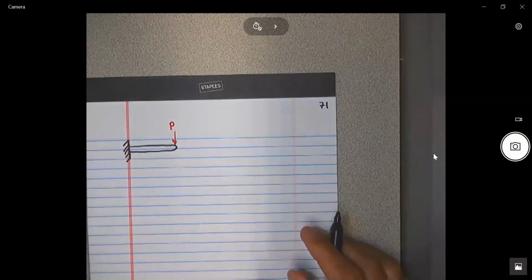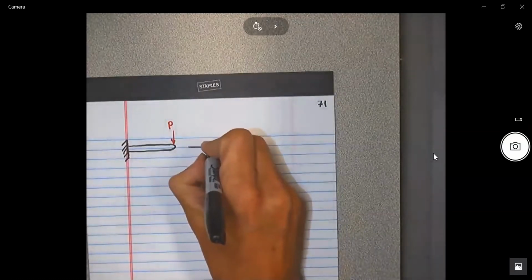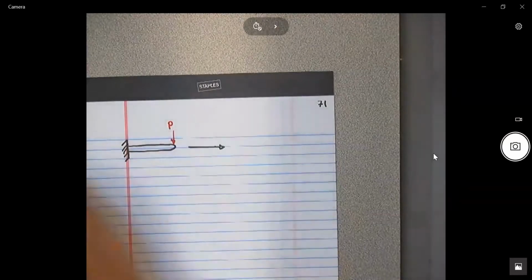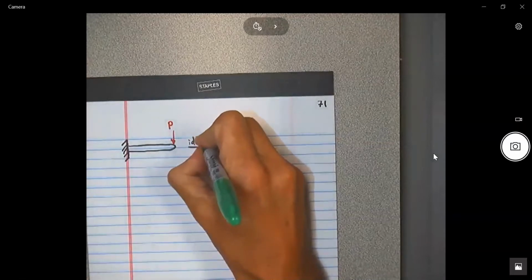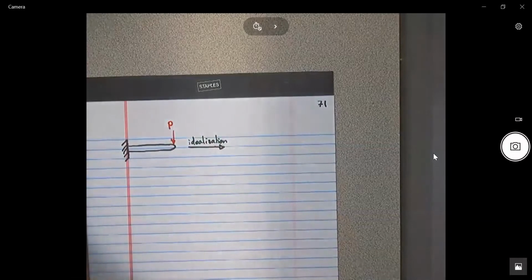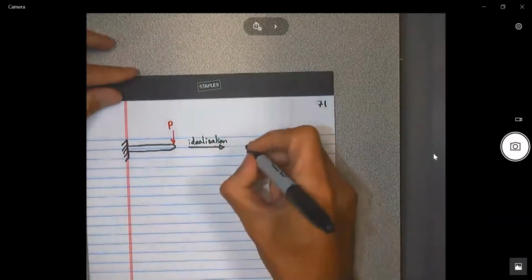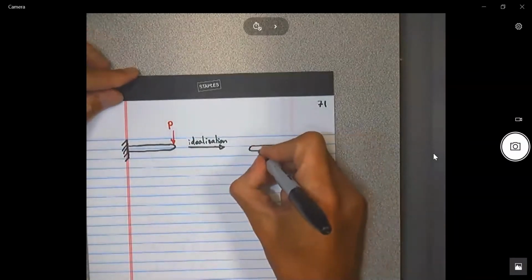What is a way to do the idealization of this structure? Is always to simplify the structure, okay? So in this case, what do we do in this problem?